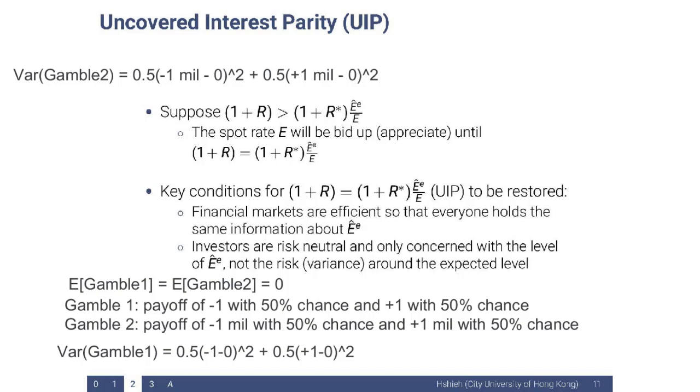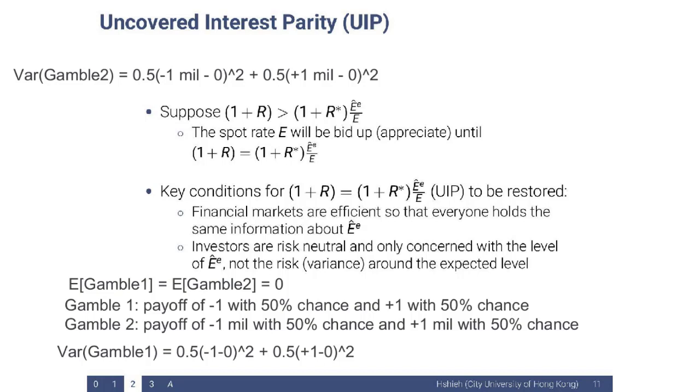0.5 times (-1 minus 0) squared, right? So we're demeaning each of these values and then squaring it. Plus 0.5 times (+1 minus 0) squared. So just eyeballing it, the number is not that big. It's 1, I think.